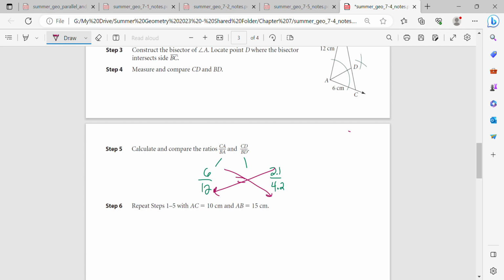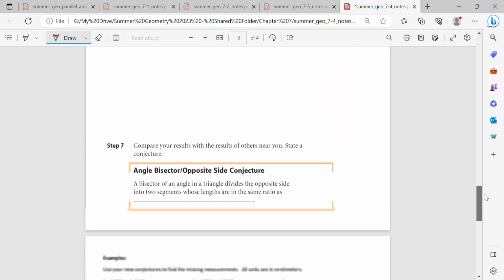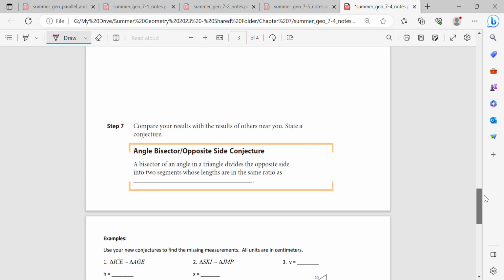Or you can simplify each ratio or divide the numerator by the denominator and look at the decimal value you get. In this case here, you should get that these are equal. So when we compare these ratios, the ratios are equal. It does ask you to do this again, and if you want, go ahead and do it again with AC being 10 and AB being 15, and you should end up with this conjecture.